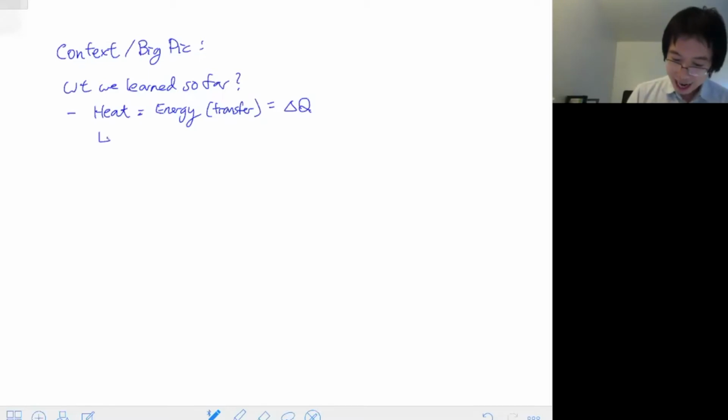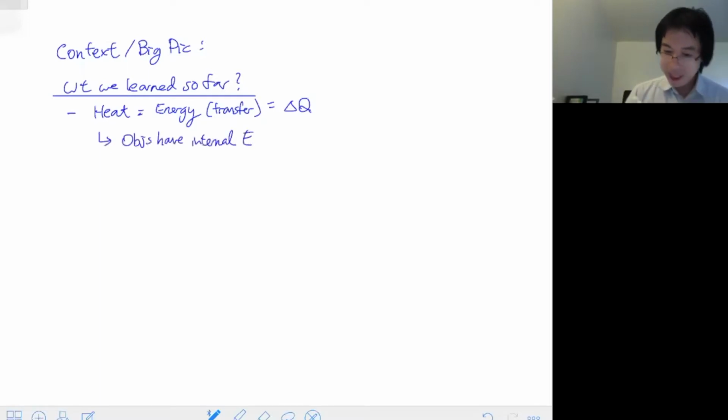So one of the sub-points we learned is that objects have internal energy. Okay. And the symbol we use for that, sometimes we'll just write E int, right? The unit is joules. So they have internal energy. Basically, it's from the internal particles moving around, and that contributes to it. Remember in 3A, we never talked about internal energy. It's always external. It's an object moving.